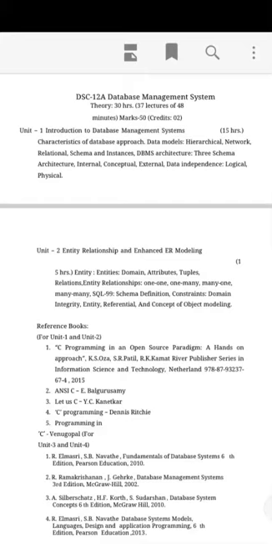Now what is SQL 99? In SQL 99 there are some built-in data types which we are going to learn. What is a data type? We will learn it deeply in our point SQL 99. Now schema definition. What is a schema? Schema refers to the organization of data, how the database is constructed.